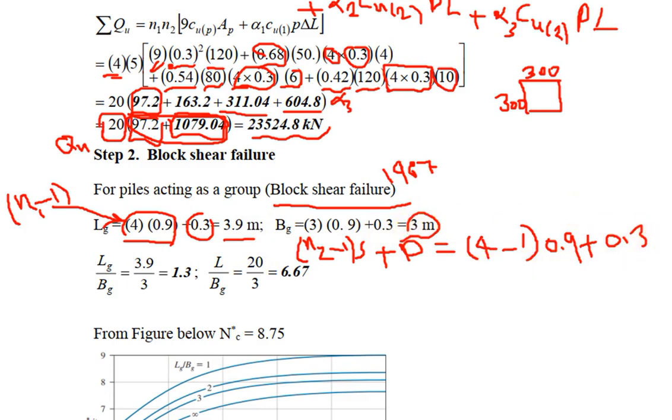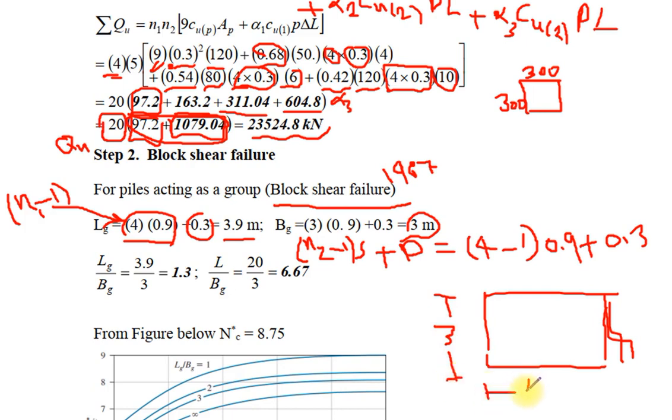The dimensions of the group of piles are 3.9 by 3. The distance here is 3, and the length of the pile is 3.9 meters.